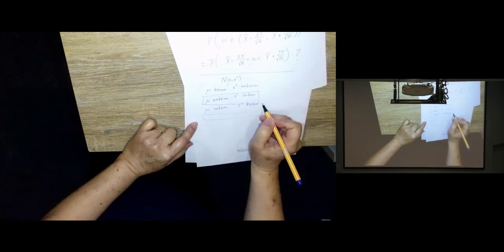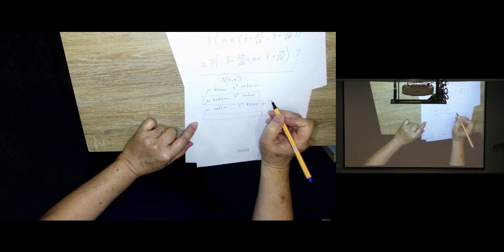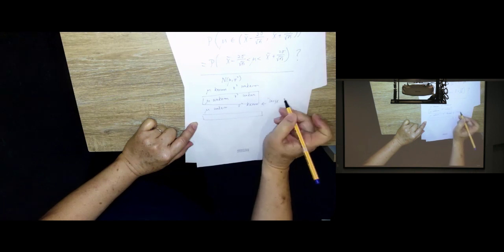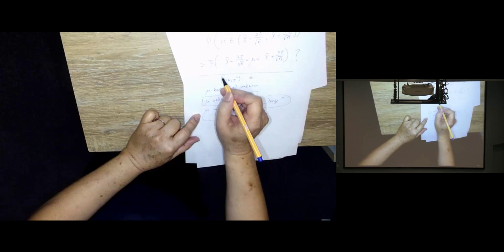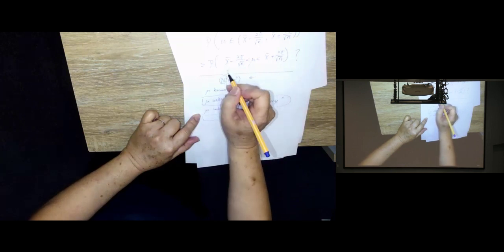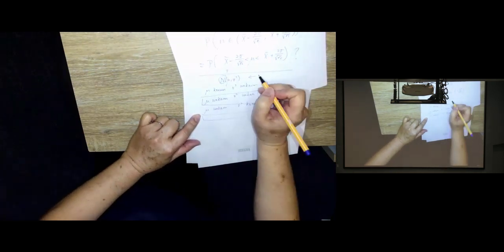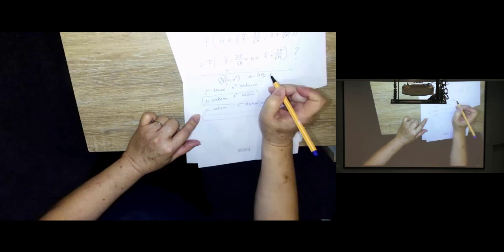That's the difference. Now, in some cases we pretend we know sigma square when the sample size is large. And also, if the distribution is not normal, or this is questionable, then a large sample helps us.